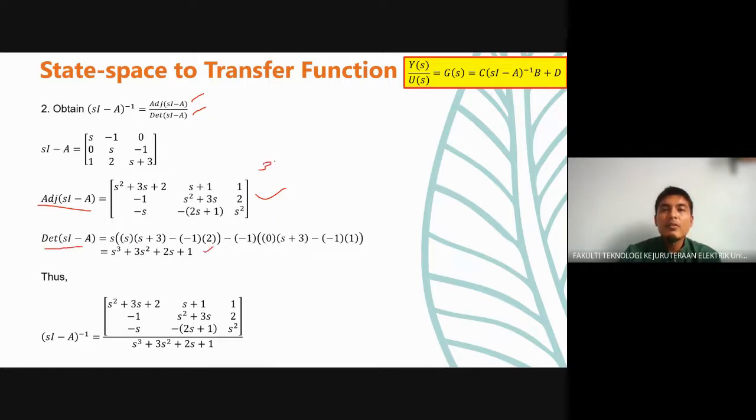So please do it by yourself until you can get the similar answer for the adjoint and determinant of sI minus A. If you cannot produce the same answer, please keep trying again, because you really need this fundamental knowledge in order to convert the state space to transfer function. Okay, finally, you get sI minus A inverse, this thing.